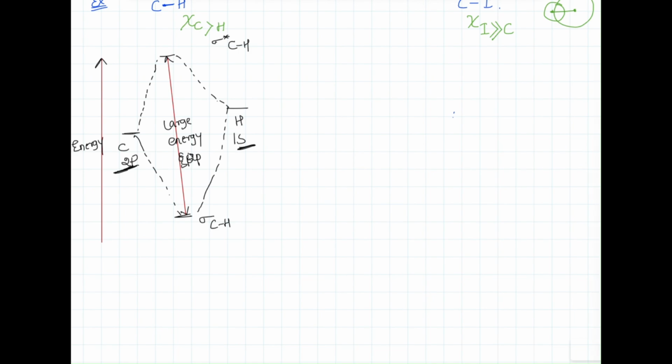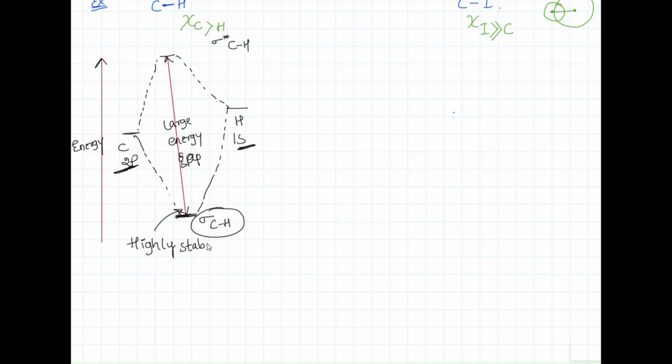The large energy gap means larger splitting, which means what? Sigma C-H is pushed to much lower energy, making it very stable, right? Lower energy, high stability, highly stable.